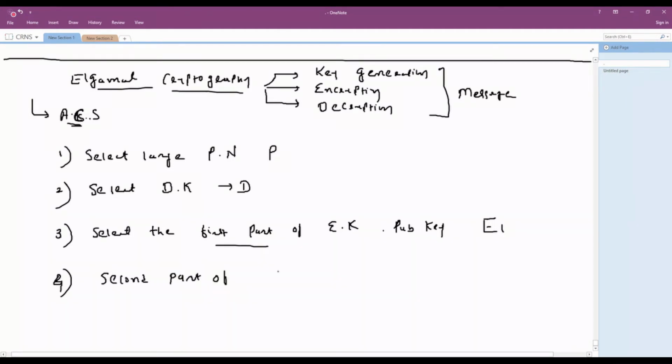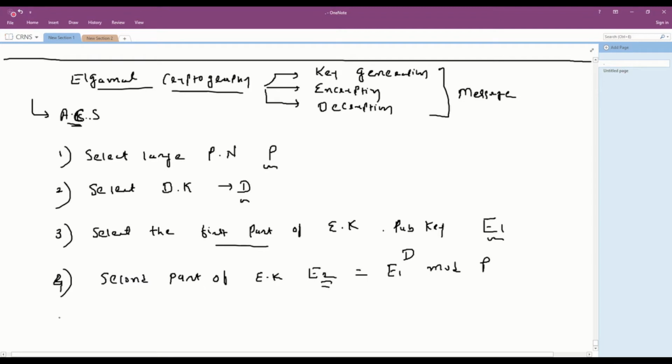Second part of encryption key, which I am giving name as E2. Now, as I have assumed 3 things, that is P, D and E1, now I will be able to calculate E2 as the equation of E2 is E2 equal to E1 raised to D mod P.